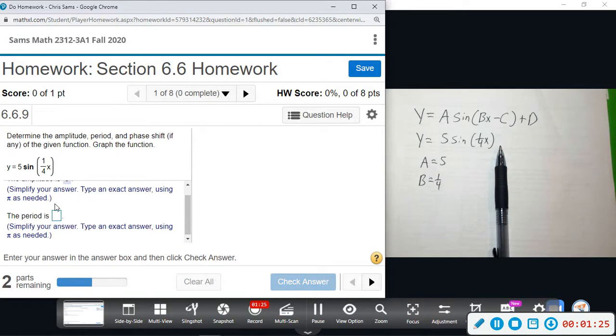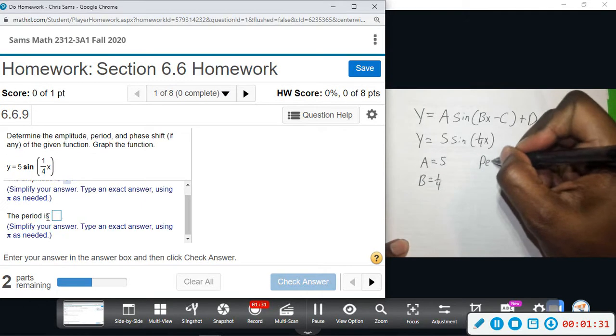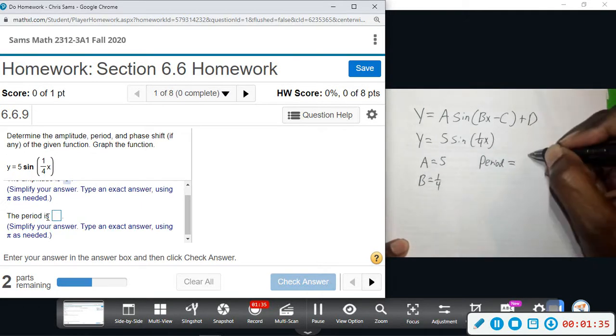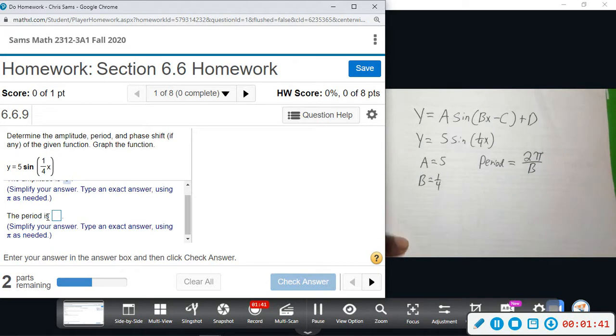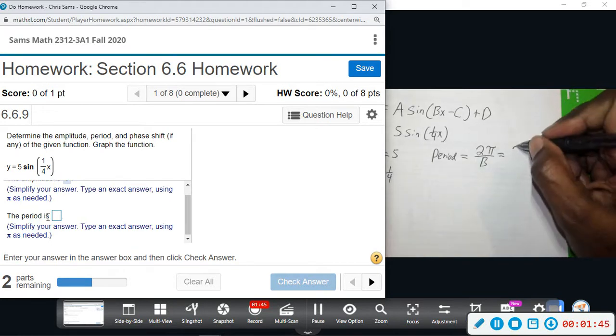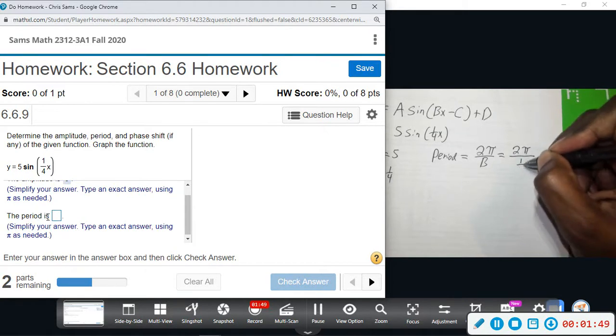Alright. The period. The period of sine and cosine is 2 pi, so you have to do 2 pi divided by b. In this case, b is 1/4. So we have 2 pi divided by 1/4.